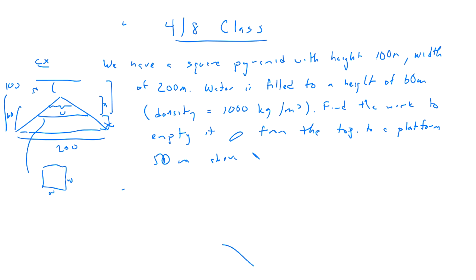Sorry about getting a little busy for a picture. So if the distance from that line to the top of the pyramid is x, let me make it more prominent. So the distance from the line with w to the top of the pyramid. So what is the distance?